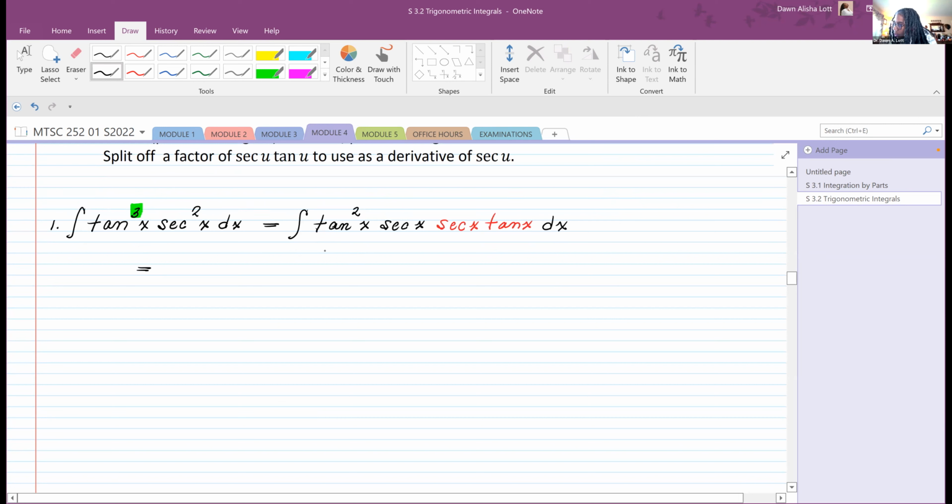So this is the integral. Tangent squared is secant squared minus 1 times the secant of x. And then I have this secant x tangent x.